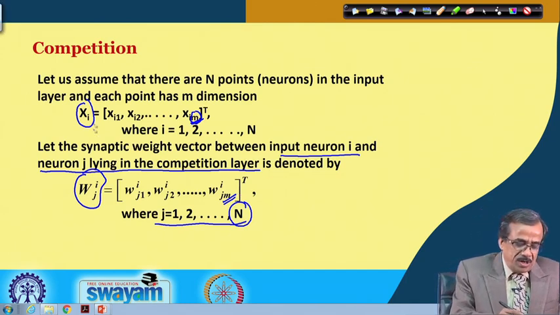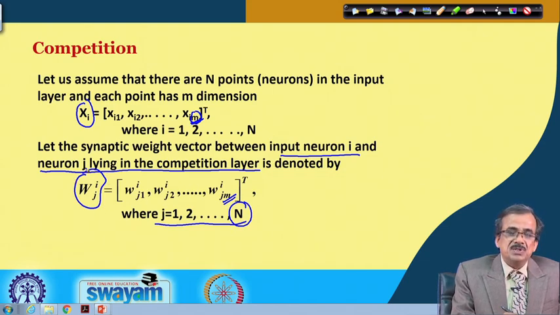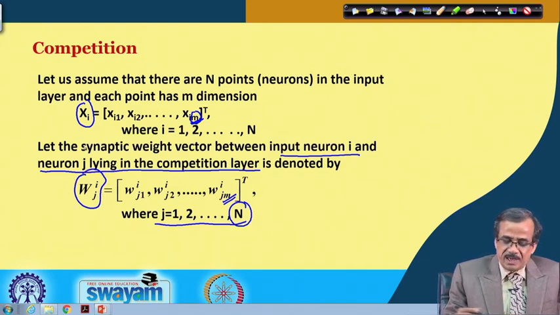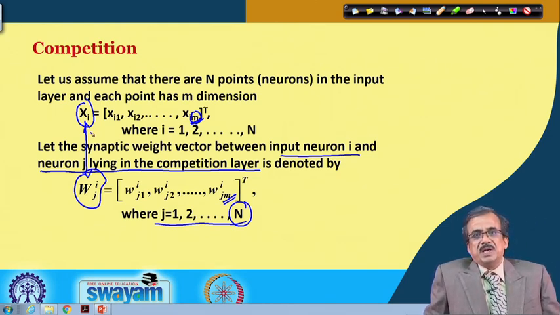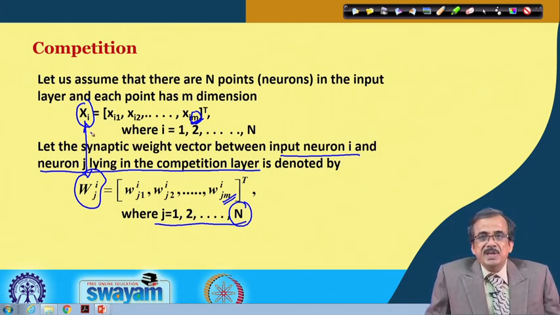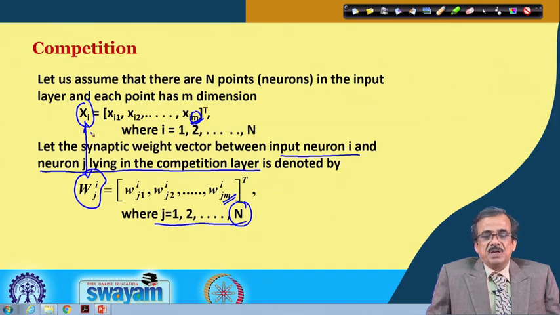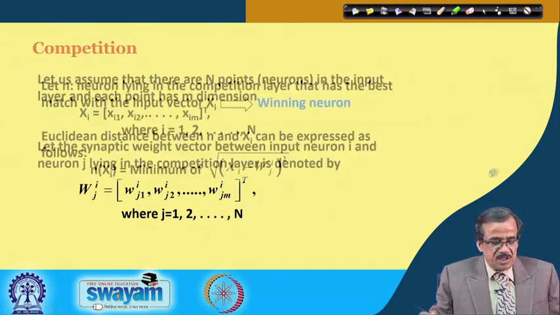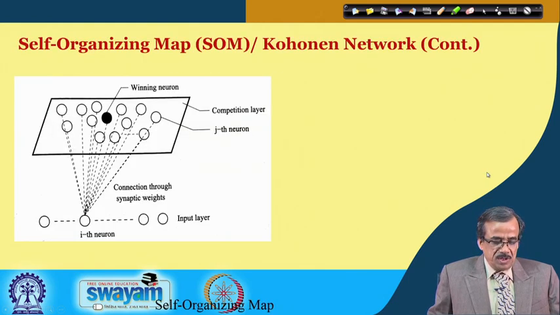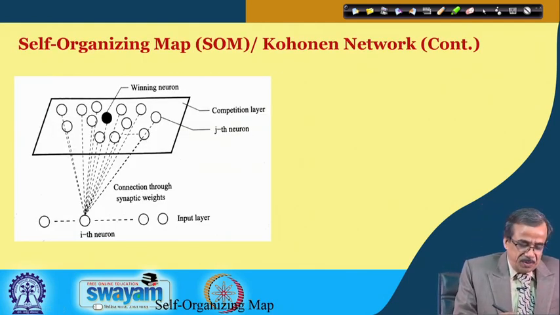Now, once you have these W values generated, very easily I can find out the distance between your xi and Wj. Through this competition, we are trying to find out that value of W which is closest to this xi. Before I go for that calculation, I am going to show it on the schematic view.